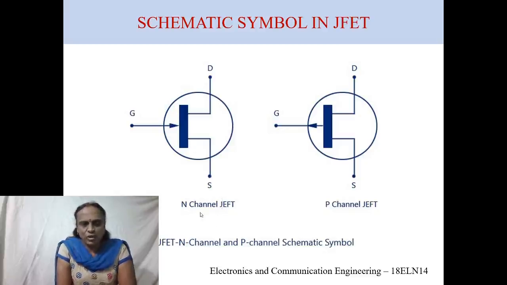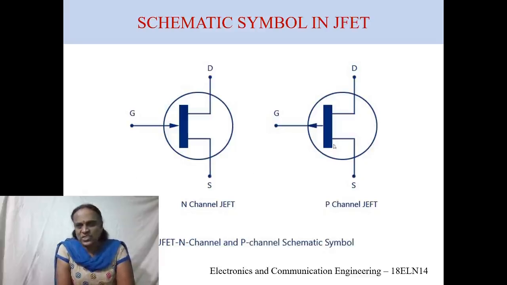Thus, for an N-channel JFET, the arrow at the gate junction points into the device, because for an N-channel JFET, the current flows into the gate only when the VGS voltage between the gate and source terminal is applied.